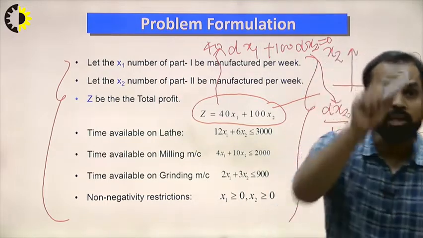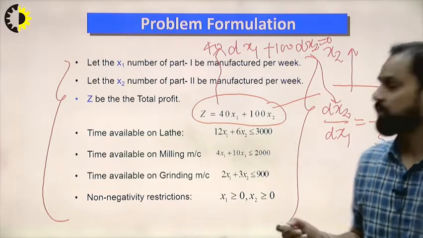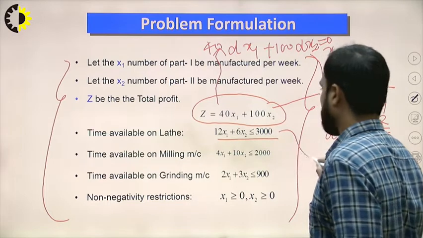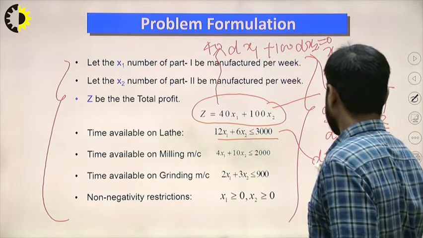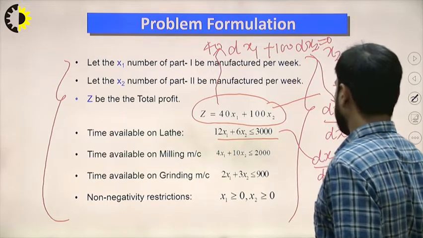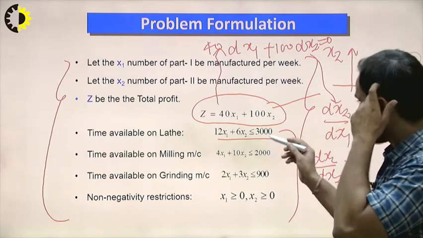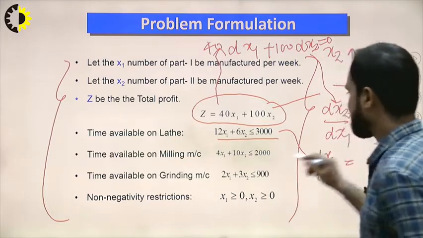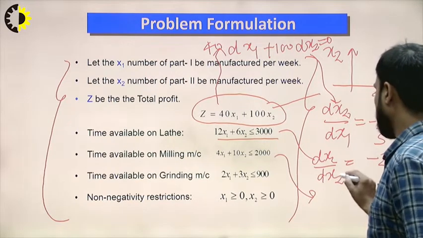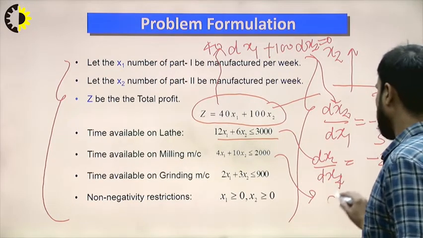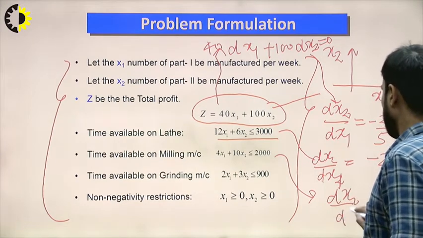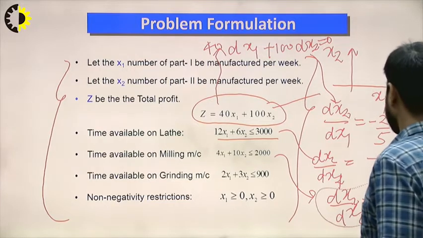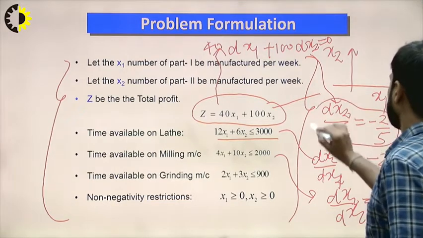Now I have to check whether any constraint has the same slope. If I calculate the slope of this constraint, dx2 over dx1 for this line, I again get the same value, minus 2 upon 5, that is minus 0.4. The slope of this constraint is the same as the slope of the objective function line.